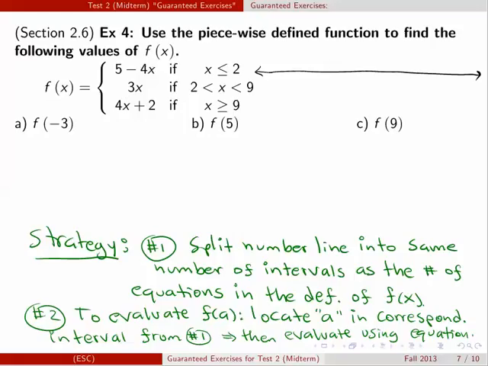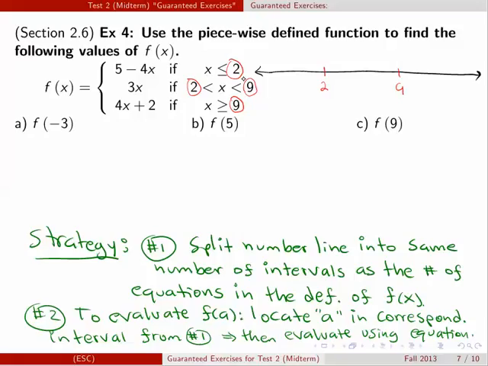You look at this number 2, and so we find the number 2 in the number line. You can also see this number 9, so the second splitting is at the number 9. Then, in the definition for the piecewise function, the inequalities actually become intervals.